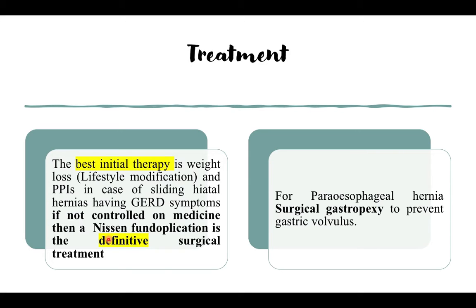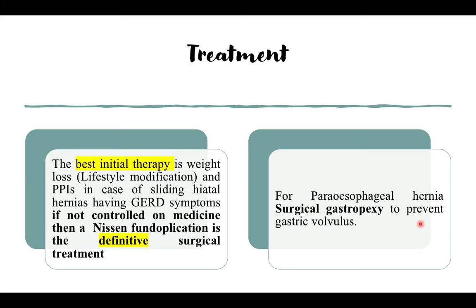So a whole 360 wrap, you're going to wrap the stomach, right? So Nissen fundoplication is a definitive surgical treatment, but you're not going to do this on a priority basis. First, you will go for lifestyle modification. You will go for the use of PPIs or symptomatic treatment. If not controlled, then only surgical treatment.